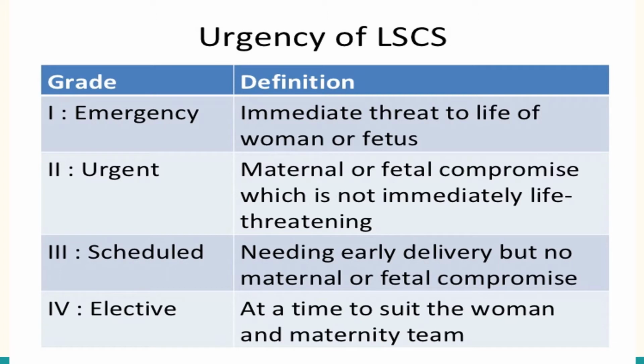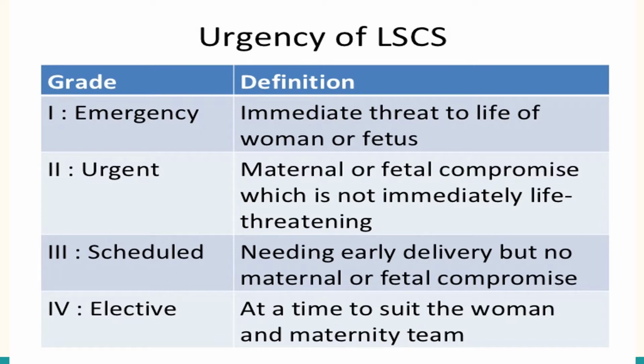So according to the urgency of LSCS, what are the different categories of cesarean sections? We have category 1, that is emergency C-section, which causes an immediate threat to the life of the woman or the fetus, and the decision delivery interval has to be within 30 minutes.